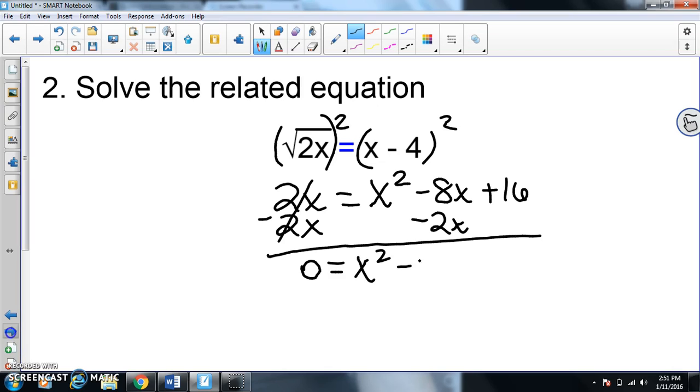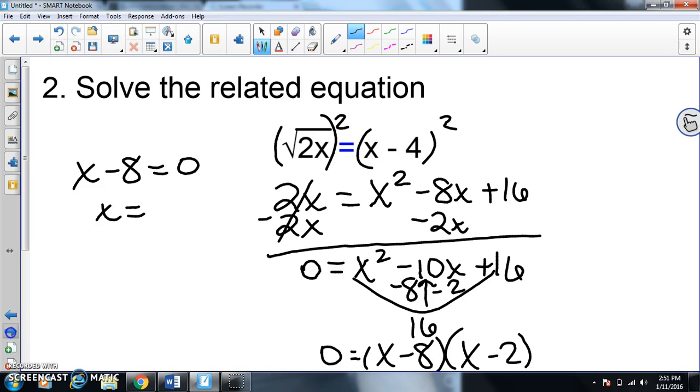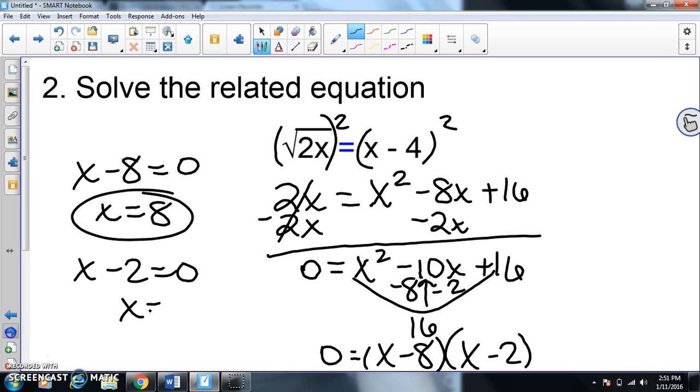I have x squared minus 10x plus 16. I need to think of two numbers that multiply to 16 and add to negative 10, and I get negative 8 and negative 2. I then am in factored form as x minus 8 times x minus 2 is equal to 0. To get my two solutions, I say x minus 8 is equal to 0 and get x is equal to 8. X minus 2 is equal to 0, x is equal to 2.